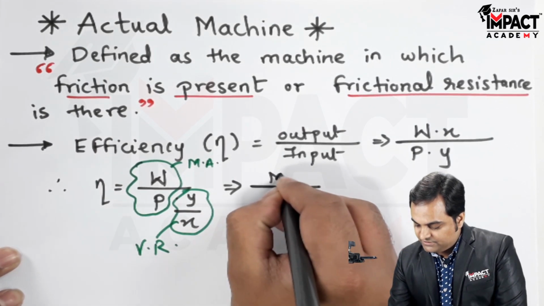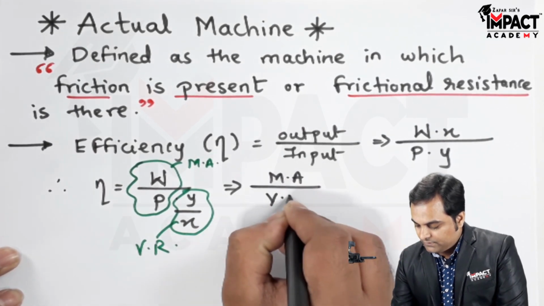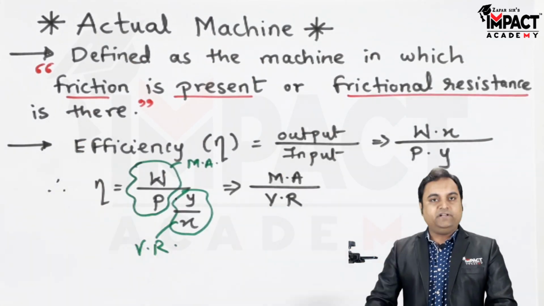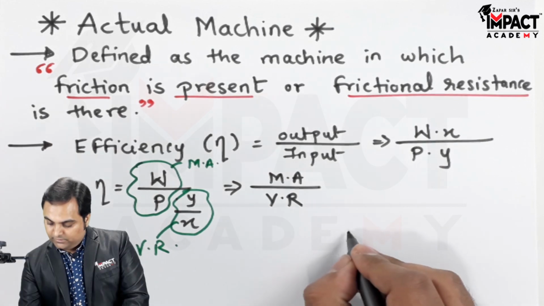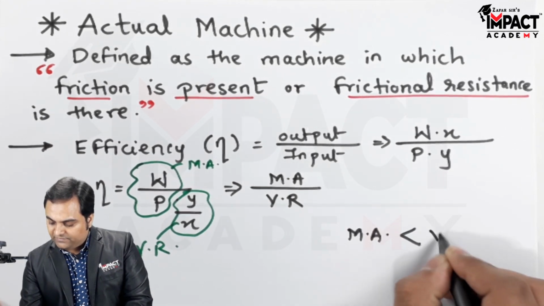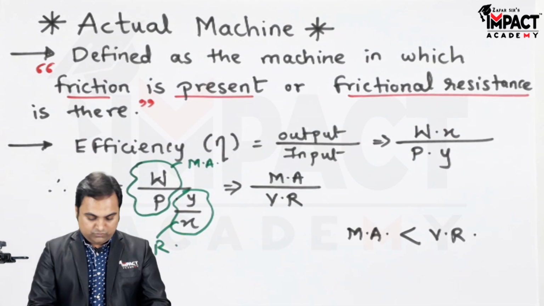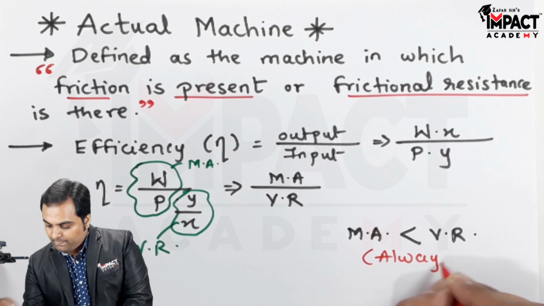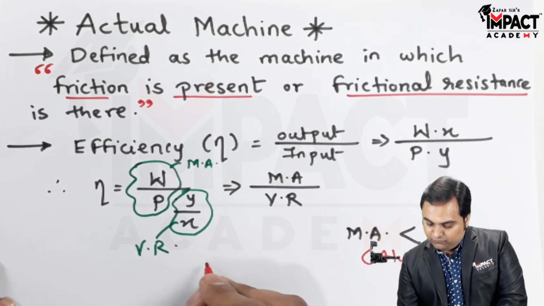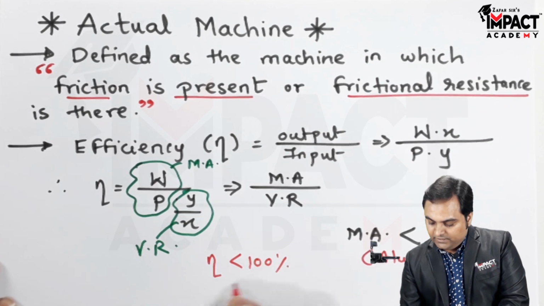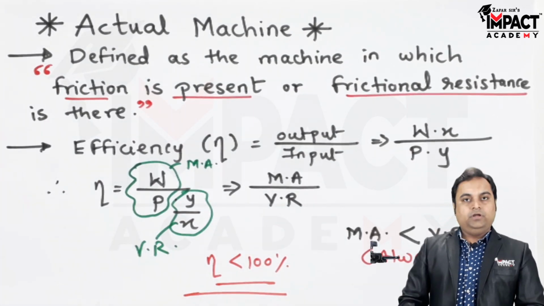So efficiency is MA upon VR, mechanical advantage upon velocity ratio, and in case of an actual machine the mechanical advantage value will always be less than the velocity ratio value, and due to that the efficiency would always be less than 100% in case of an actual machine.